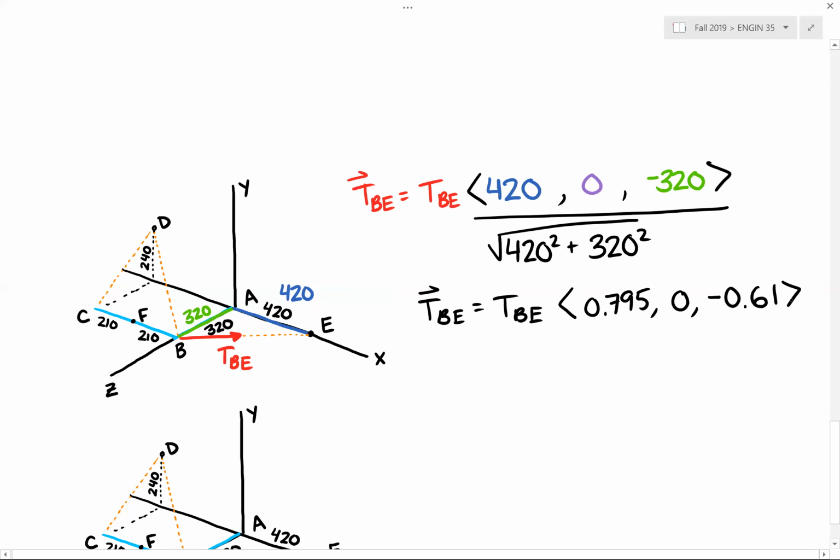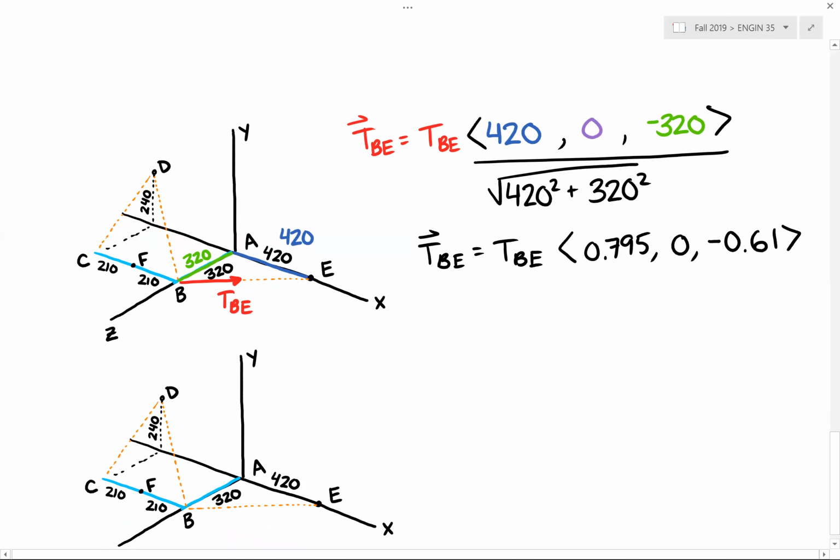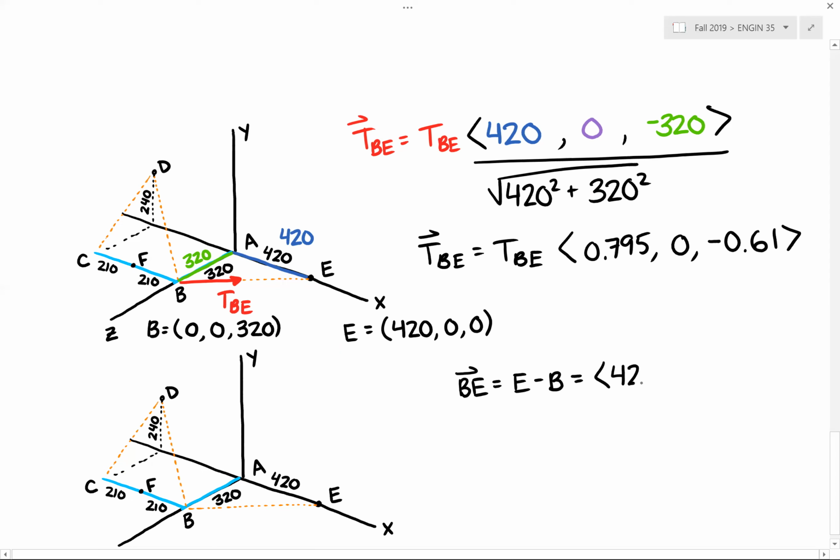If you're still having issues visualizing how far we go in each of the directions, another option is to find the coordinates of B and E. So our coordinates of B, we're at 0 in the X direction, 0 Y and 320 Z. E is at 420 X, 0 Y, and 0 Z. And now our vector BE is going to be E minus B. So in the X direction, we have 420 minus 0, so that's 420.